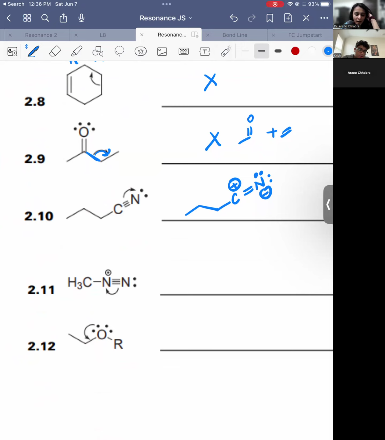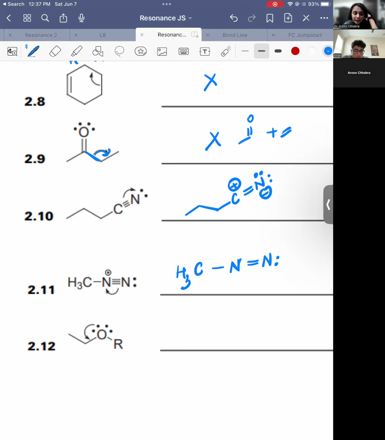The carbon has three hydrogen bonds, and if you take the triple bond and make it a double bond with the carbon, it removes one of the hydrogens, which cannot happen.